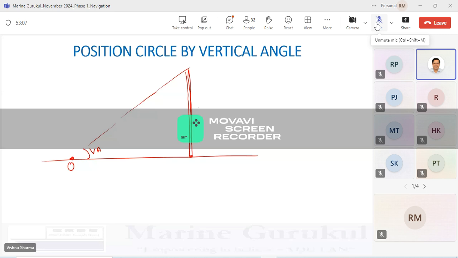I'm sure you know that this angle will depend on the distance. If I go closer to the light or the object, the angle will increase. So this vertical angle depends on my distance from the object. Secondly, this angle also depends on the height of the object.